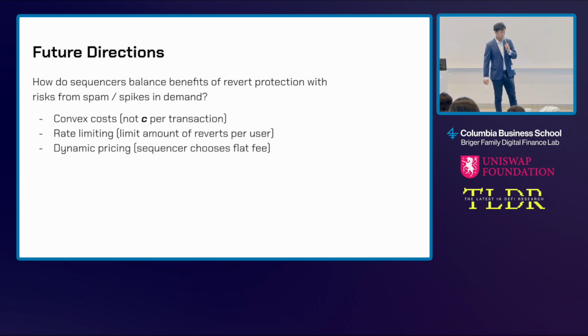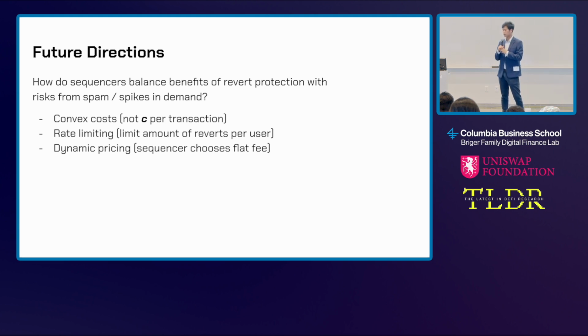So some potential future directions can include convex costs. Instead of having the computational cost be modeled as a constant C per transaction, we have some convex function of it, which captures that when sequencers are under a lot of demand, they probably have to incur more than a proportional amount of cost to manage all of this.